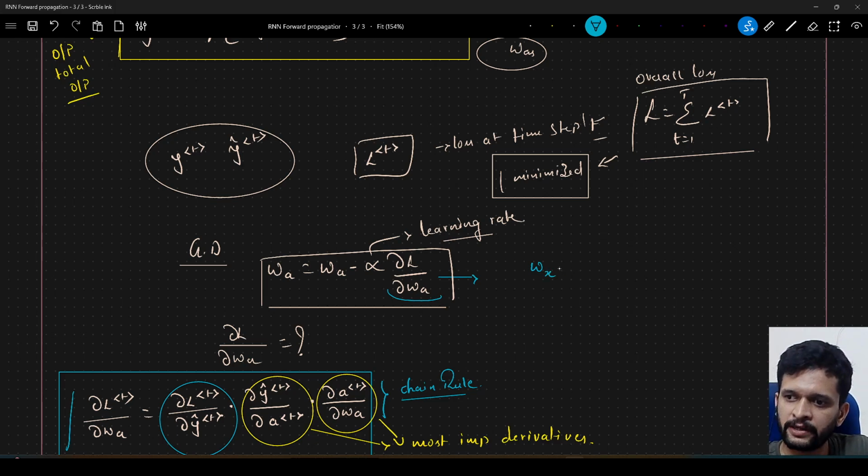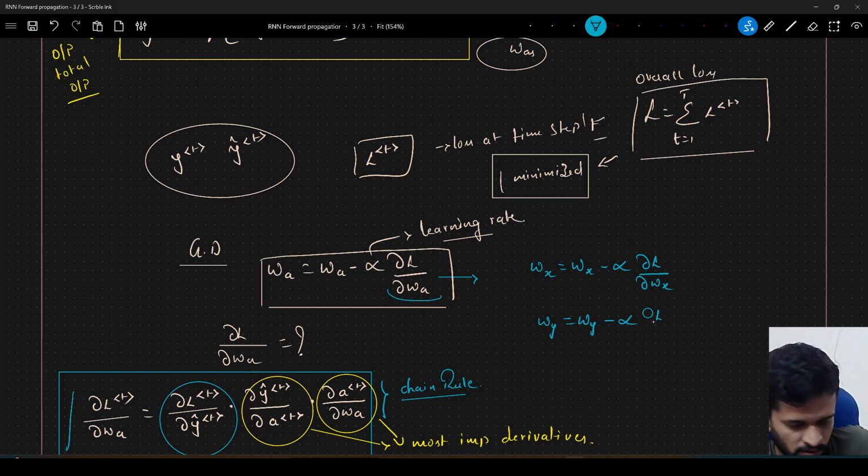Similarly we will have updates for WX. What are those? WX minus alpha into the derivative of loss with respect to Wx, and we have another one, Wy. It will be updated as Wy minus alpha into the derivative of loss with respect to Wy, right?